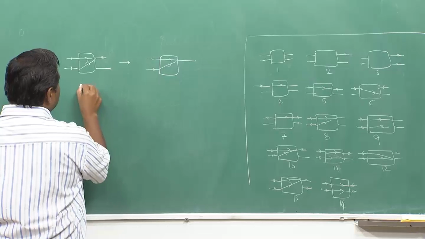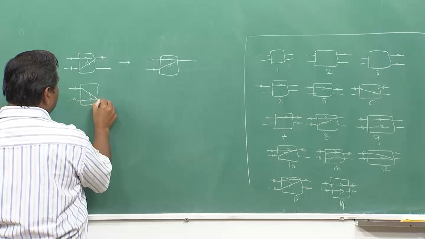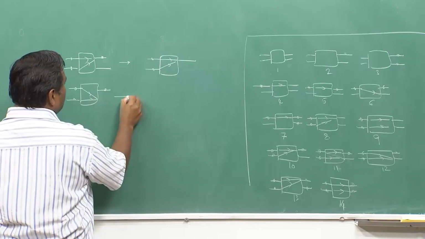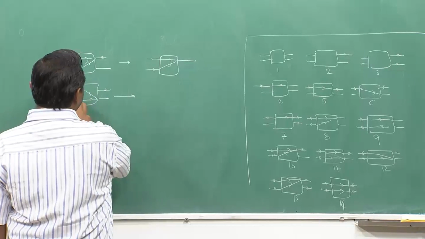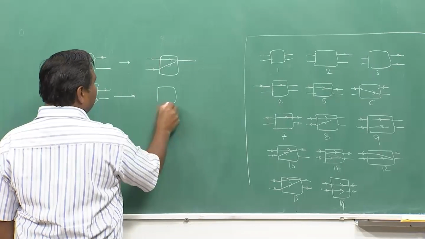Or if these 2 packets are both directed towards the bottom, then one of the packets will be transferred here in this current slot, this will be read out, and I will be in this situation.